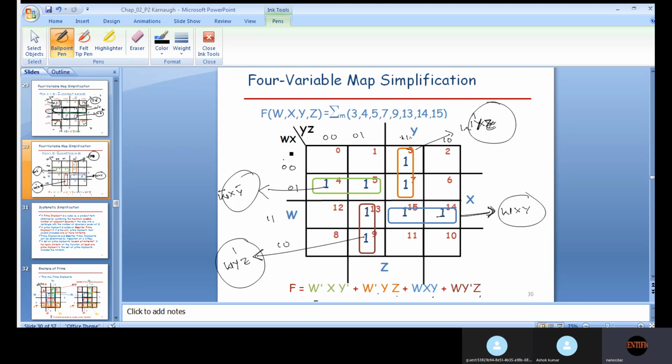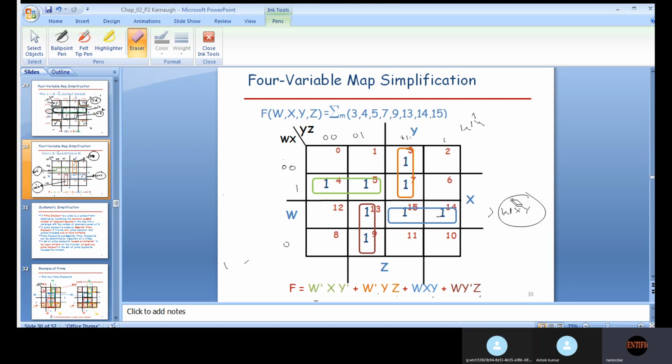In SOP form, if you want to convert to POS form, what will you do? These are the min terms, so the ones not in the min terms are the max terms, right? What are the max terms? You tell me. 0, 1, 2, 3, 4 are there, 5, 6 not there, 7, 8 not there, okay, 9, 10 not there, 11 not there, 12 not there, okay, 13, 14 and 15. So these are the max terms.